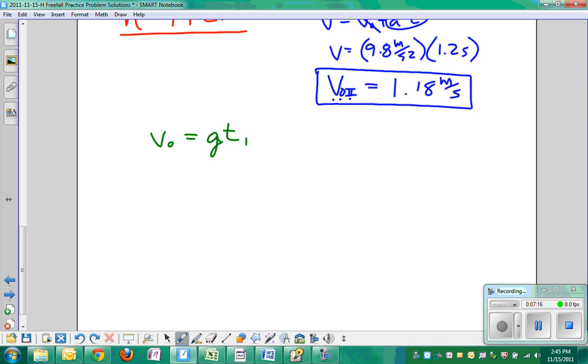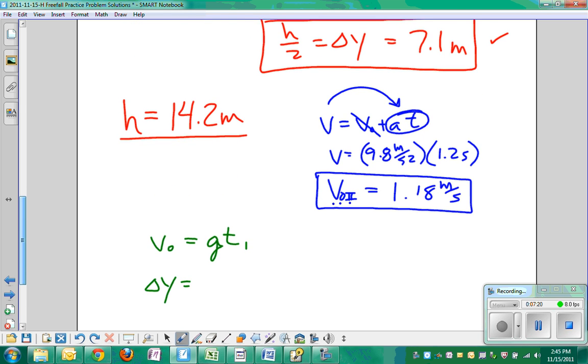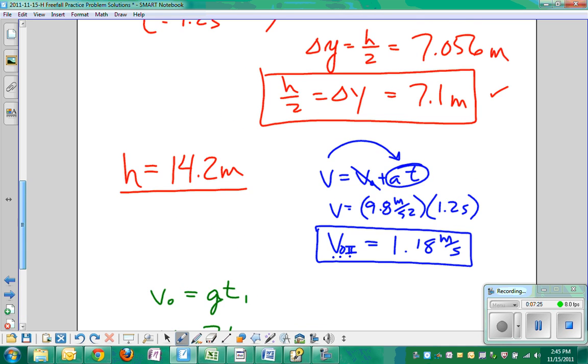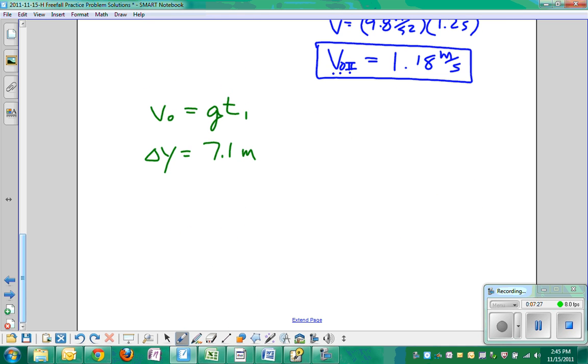We know the delta y is an additional 7.1 meters, right? Because before it went halfway, so the second half is just going to be another 7.1 meters. We know that acceleration is equal to g. This is all still taking downward to be positive.